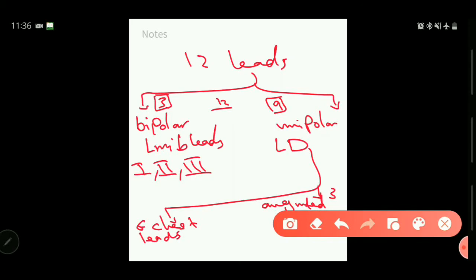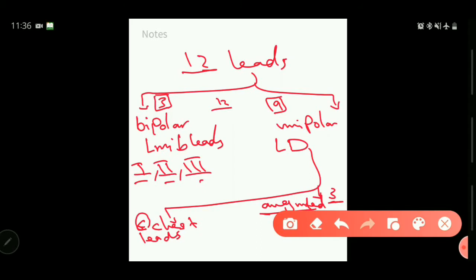We have 12 leads of the ECG. They divide into 3 bipolar limb leads and 9 unipolar limb leads. The bipolar limb leads are 3, which are lead number 1, 2, and 3. The 9 unipolar limb leads also divide into 2 parts: 6 chest leads and 3 augmented limb leads.